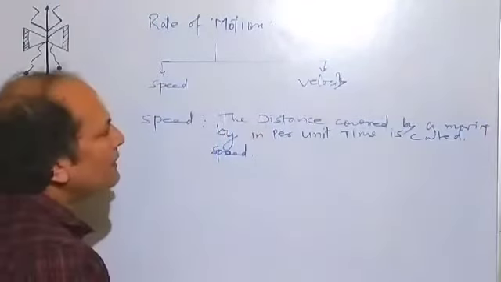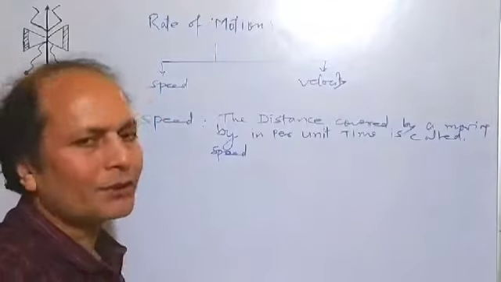Once again, the distance covered by a moving body in per unit time is called speed.